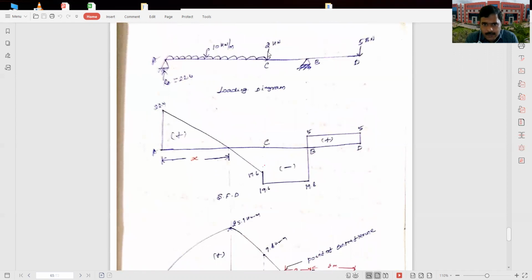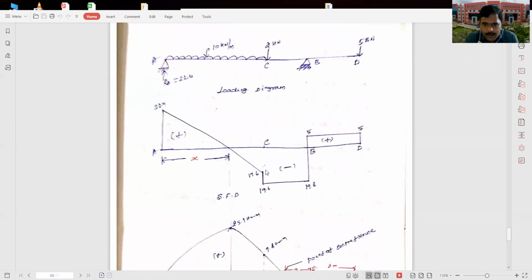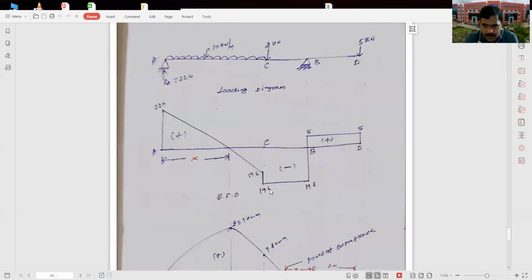Here you can see 2 kilonewton. This 2 kilonewton is downward, therefore minus 2. This minus 17.6 and minus 2, therefore you will get minus 19.6. So again it comes to minus 19.6.